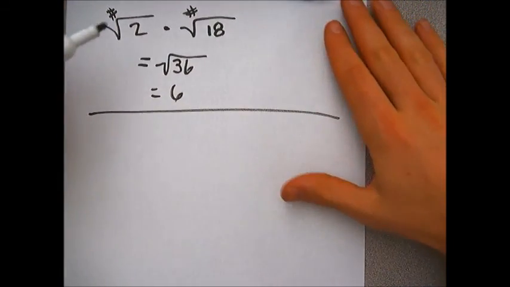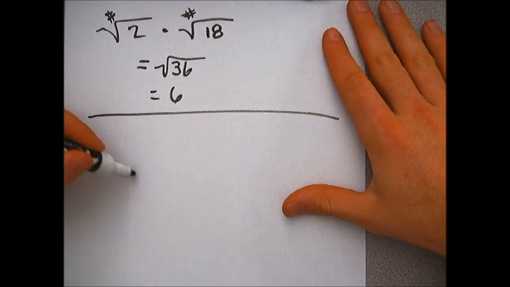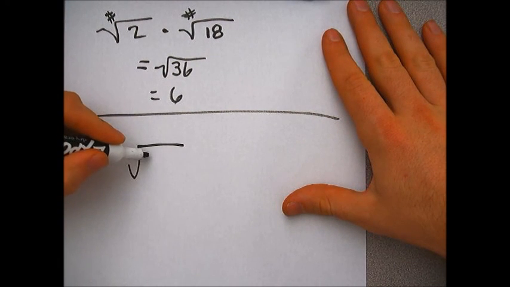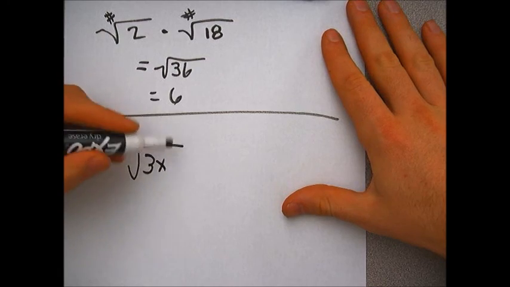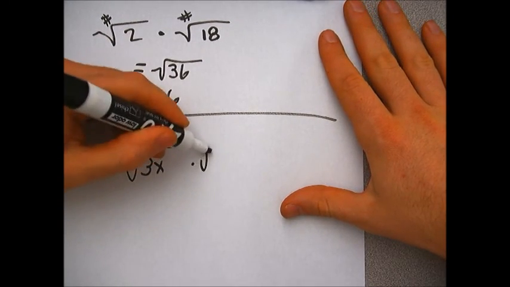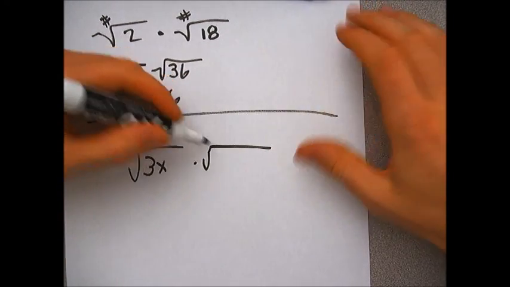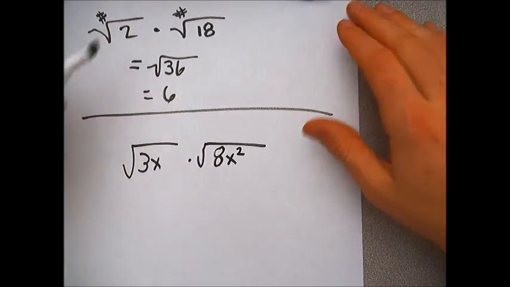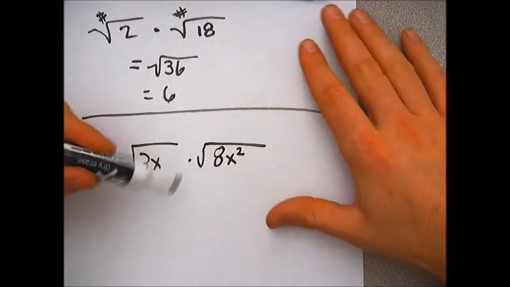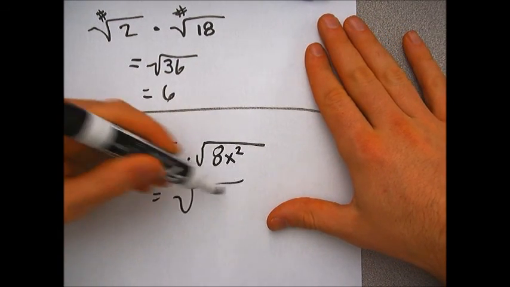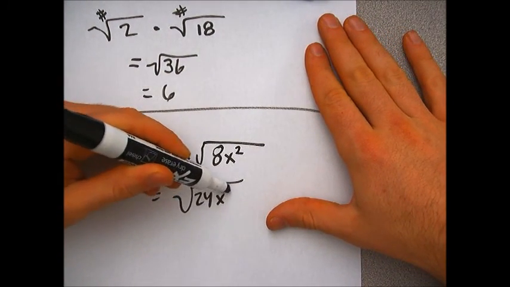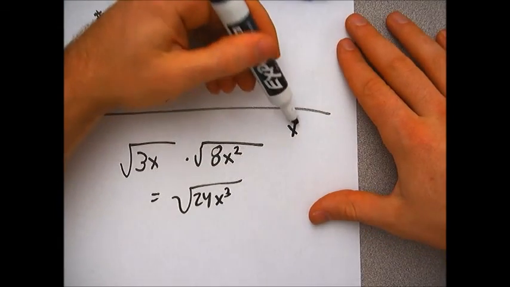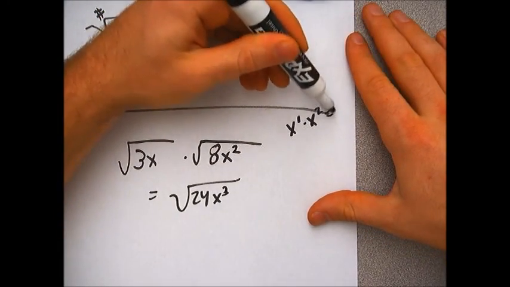Let's try one with letters. So let's say that we have the square root of 3x times the square root of 8x squared. When I multiply these together, this gives me 24x to the third, because remember, x to the first times x squared is x to the third.